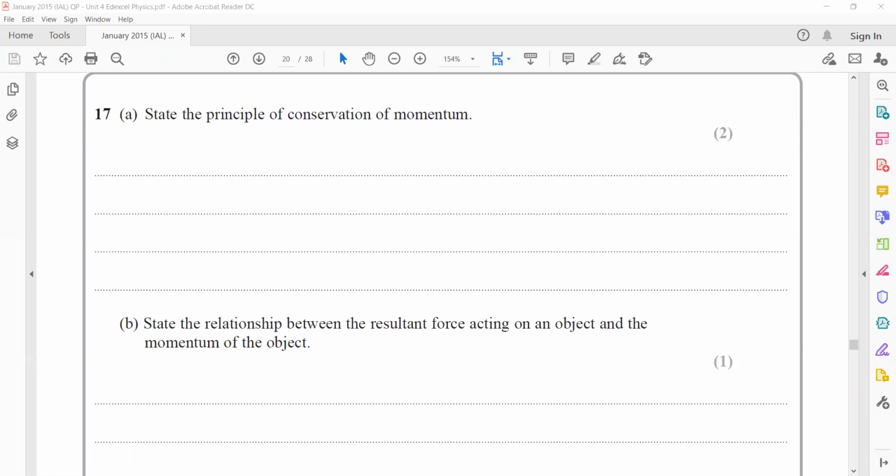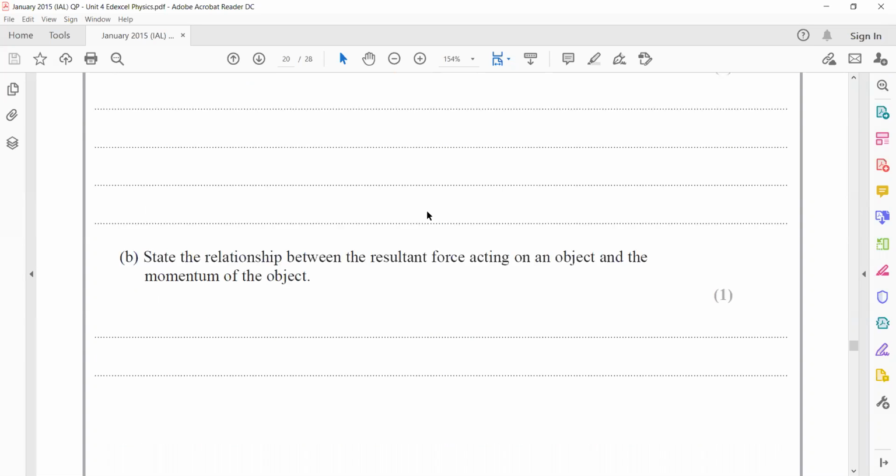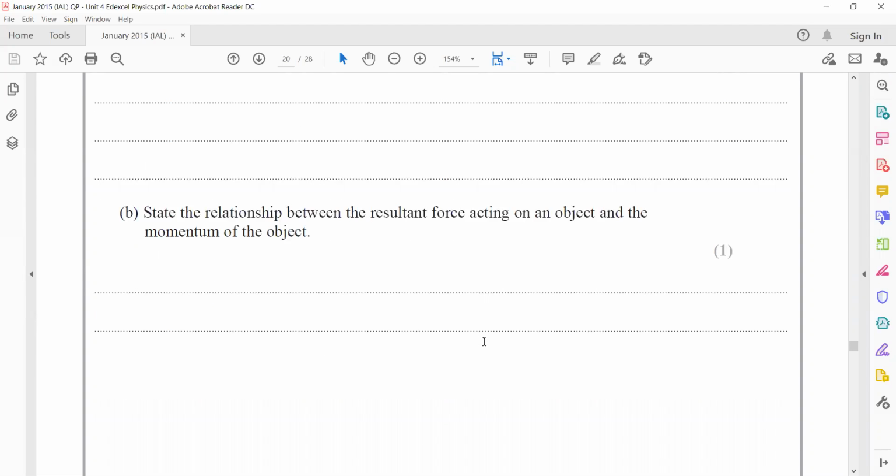There is another point which you have to mention. That point is that it holds in an isolated system, a system which is not influenced by an external force. So in an isolated system is 1 mark. Momentum before collision is equal to momentum after collision.